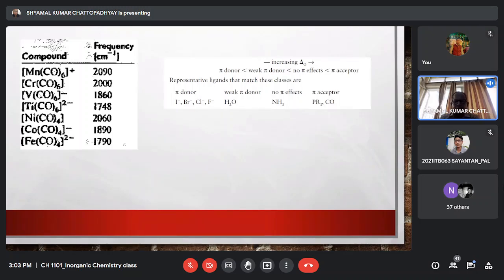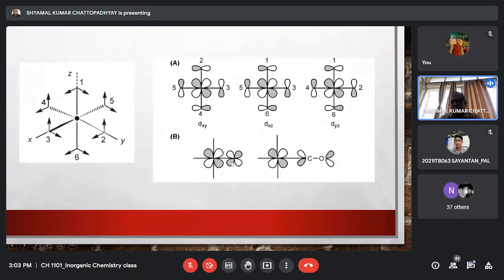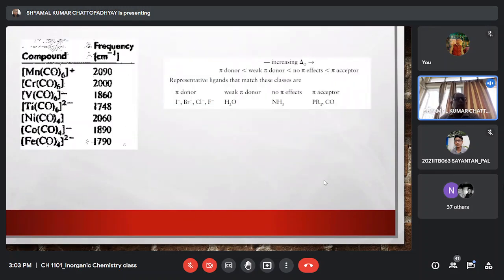And greater the donation, as you can see here in the carbon monoxide, the electron is going to the pi star orbital. So if the pi star orbital is populated, obviously the pi bonding will cancel out, and as a result of this, the bond order will decrease and the stretching frequency will decrease.